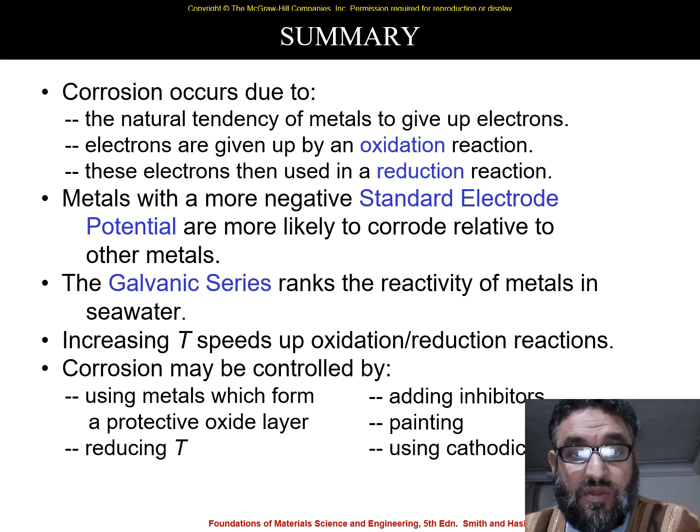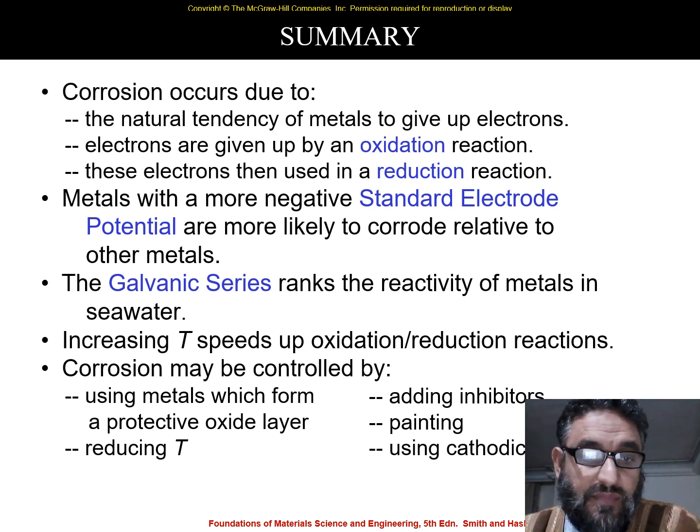Metals with a more negative standard electrode potential are more likely to be corroded in comparison with the other metals. The galvanic series ranks the activity of metals in seawater.